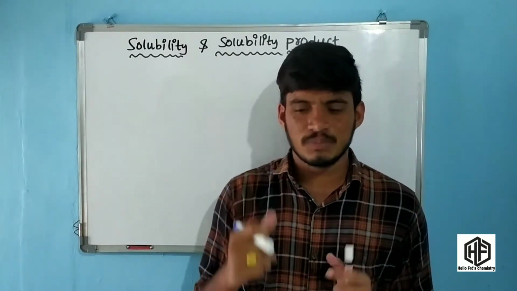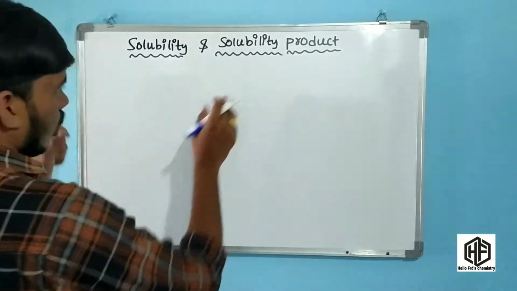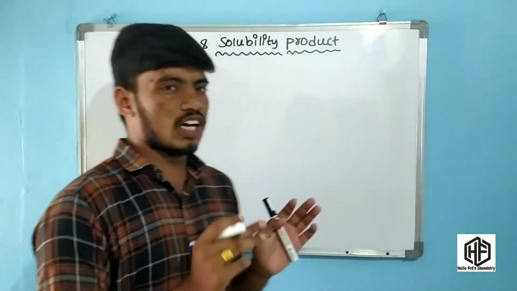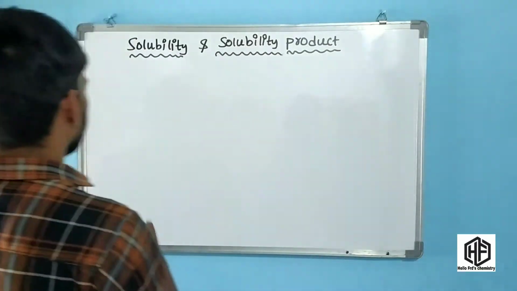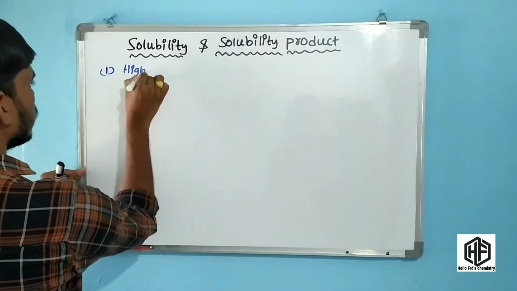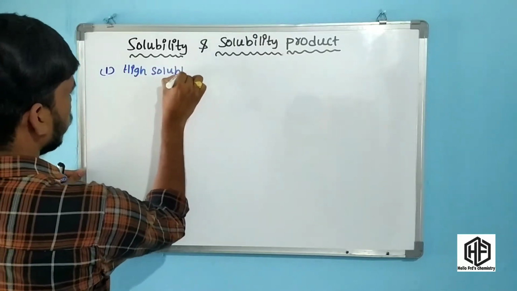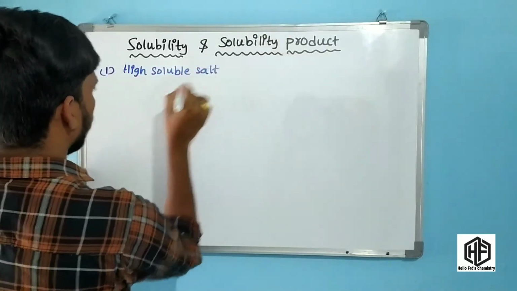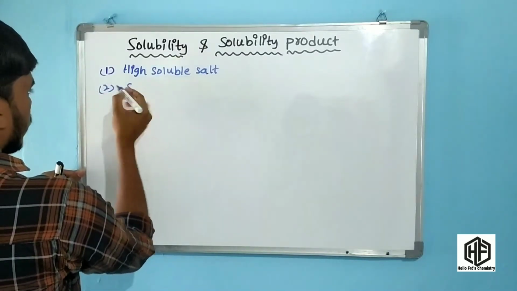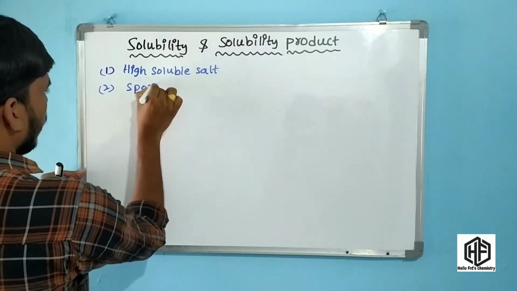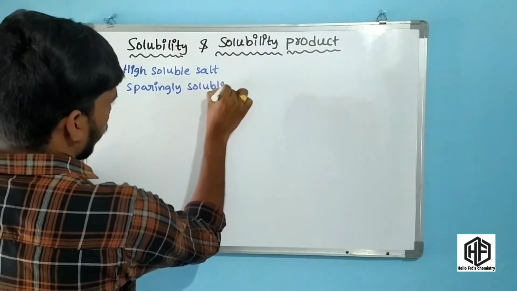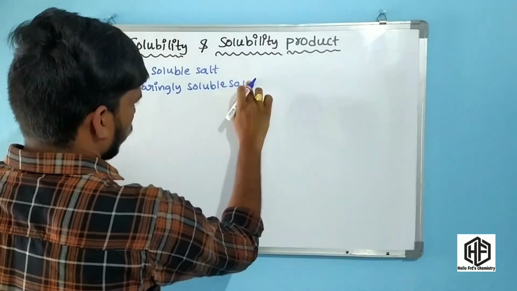Let's start this section, see this board. Friends, solubility and solubility product. In chemistry, two types of salts are soluble: one is the soluble salts and the second one is the sparingly soluble salts.